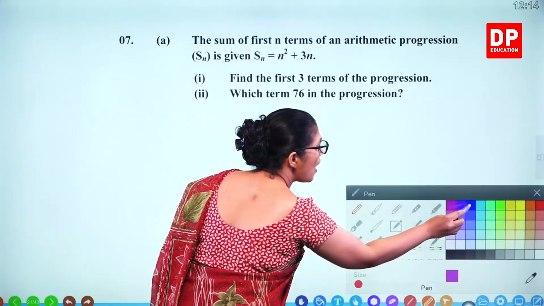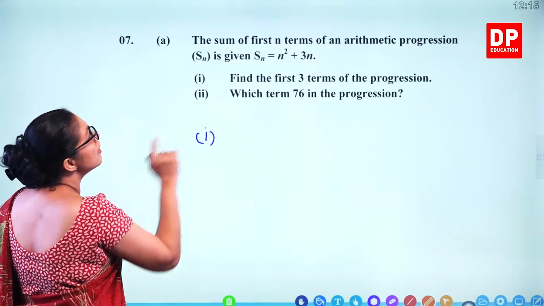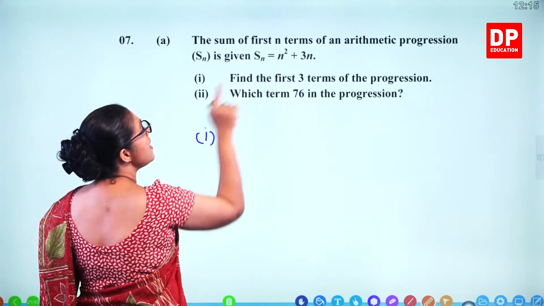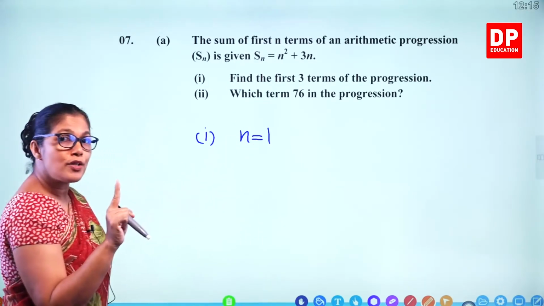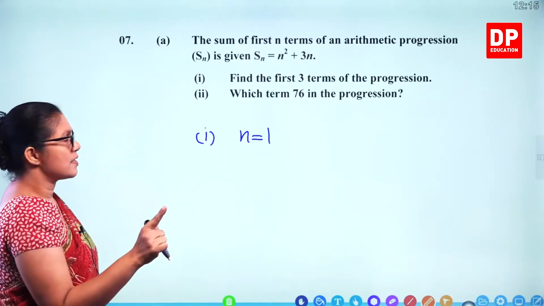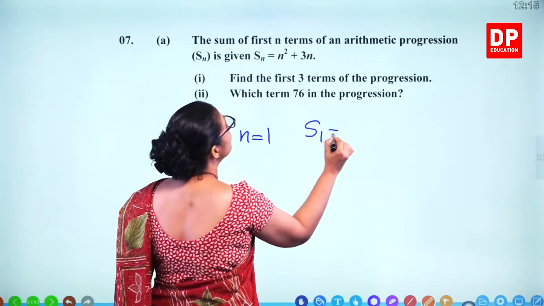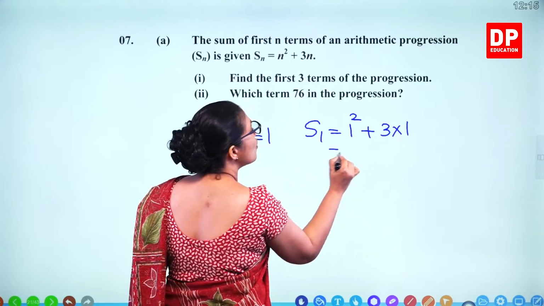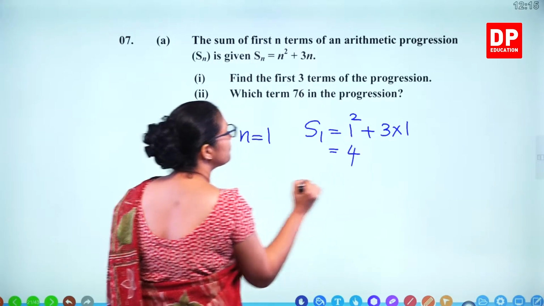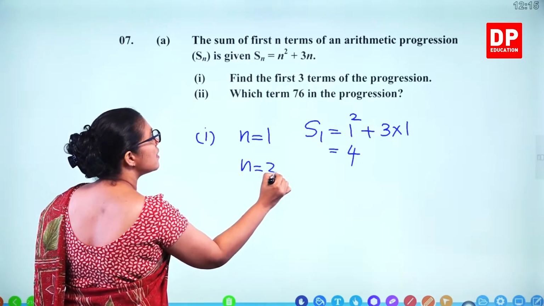First we can find the terms. Now n equals 1. What do you get? For n equals 1, the sum of the first term means the first term. So S1 is 1 squared plus 3 times 1, so 1 plus 3, 4. Then n equals 2, what do you get?